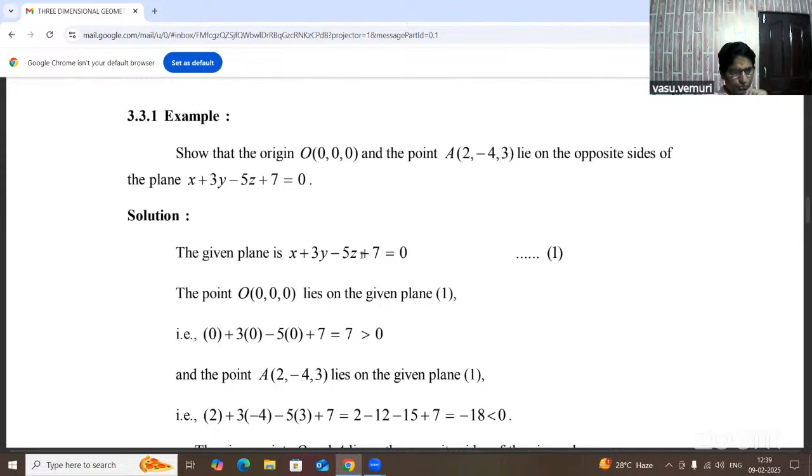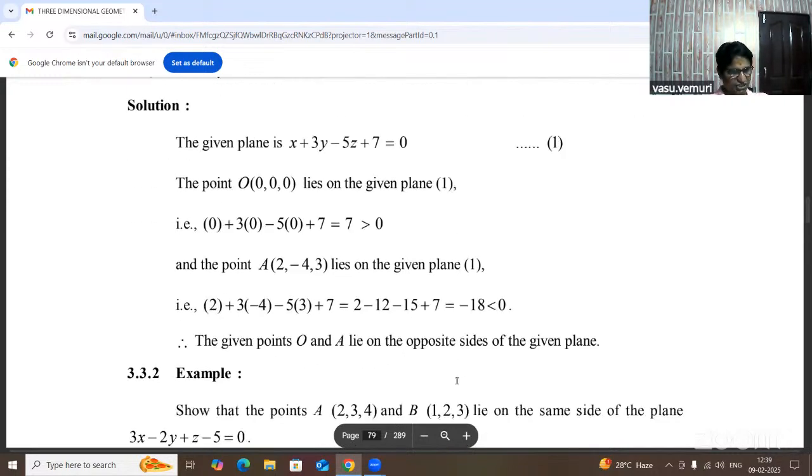We substitute, and here we get 7, which means greater than 0. So the first point, when substituted in the given plane, gives a value greater than 0. Again, the other point A is also substituted in the given plane, and that value is minus 18, which means less than 0.